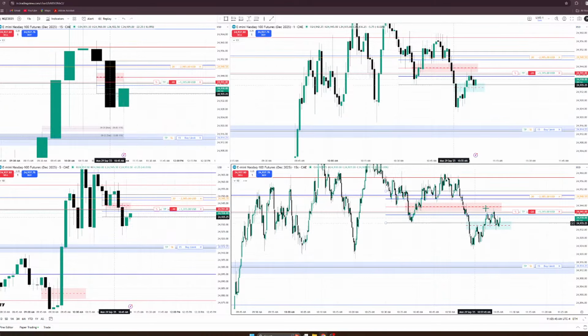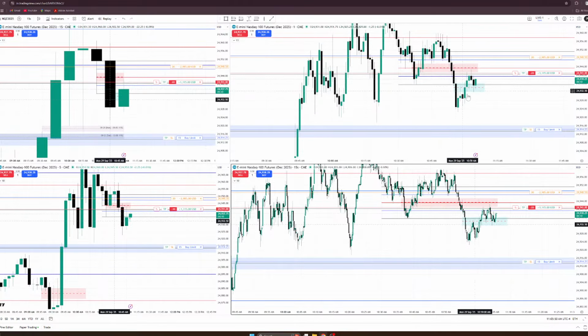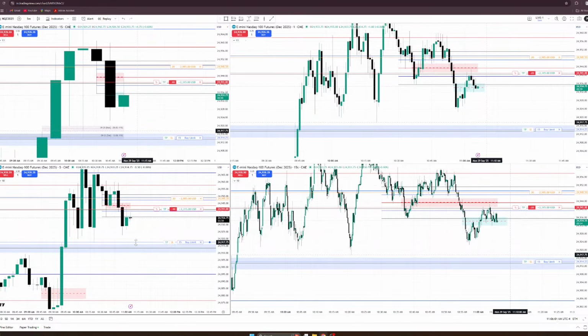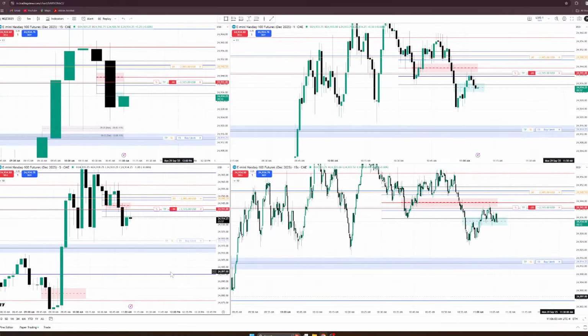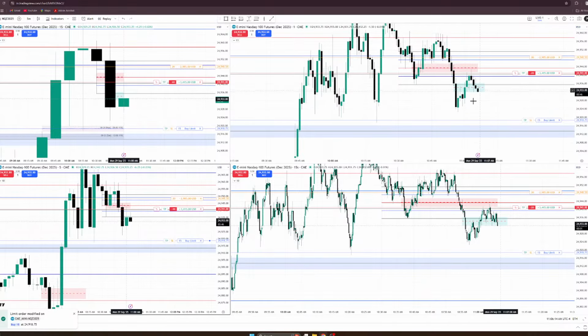We just don't want to consolidate here. We want a strong rejection and close below this fair value gap.